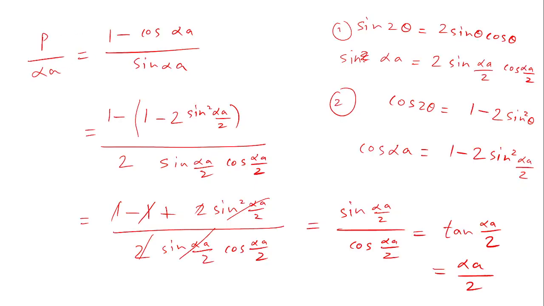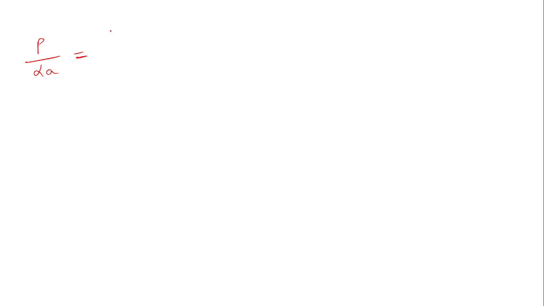So P by alpha a is equal to alpha a by 2, which means P will be equal to a square alpha square divided by 2.